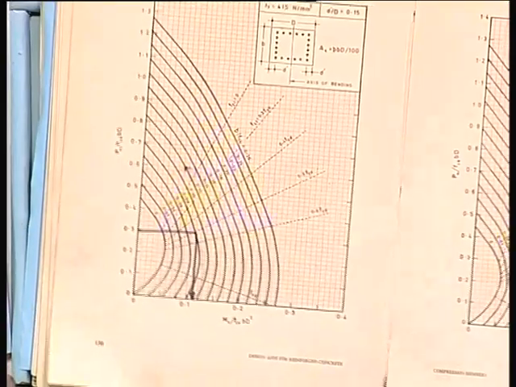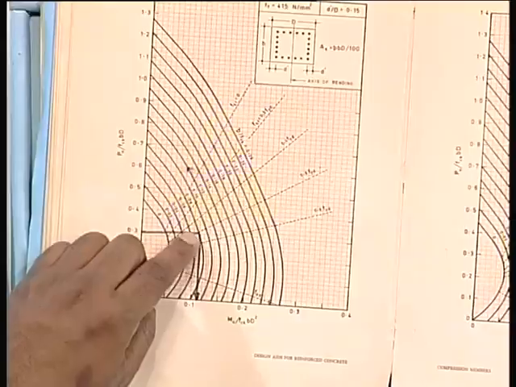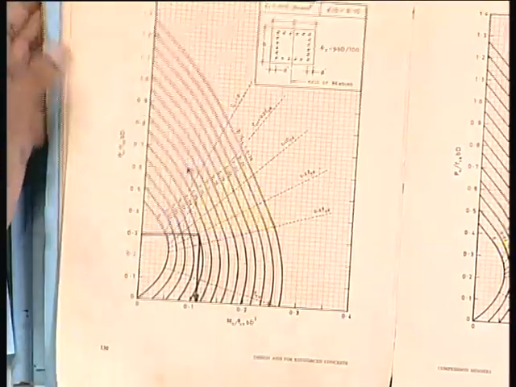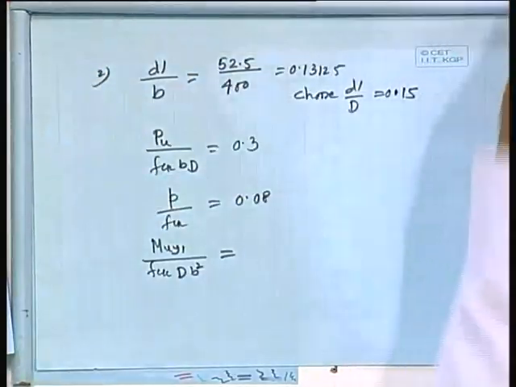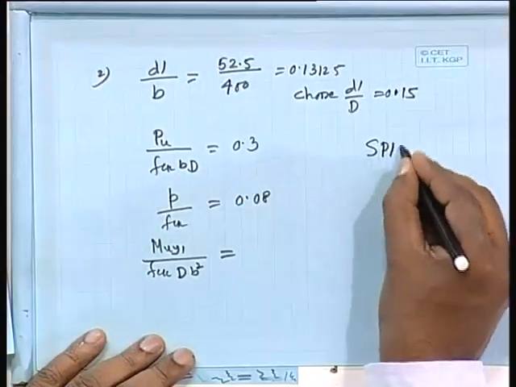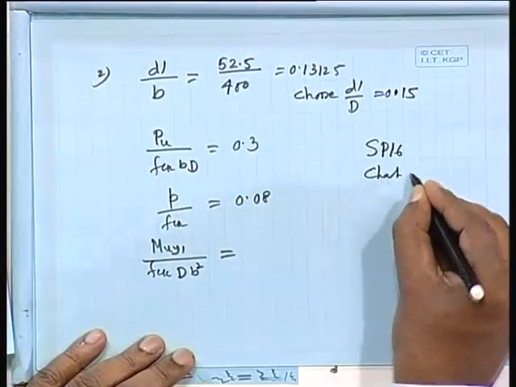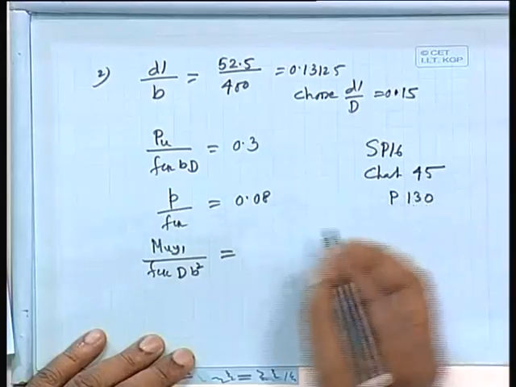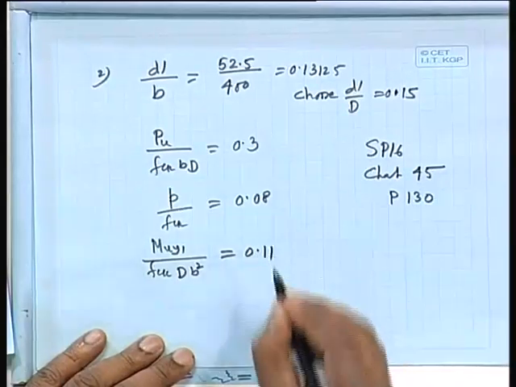So, the value is 0.11. 0.3 I have started and then I am coming down here. So, it is 0.11 and you will get it in chart 45. Okay. So, SP16 chart 45 page 130 and this is 0.11.